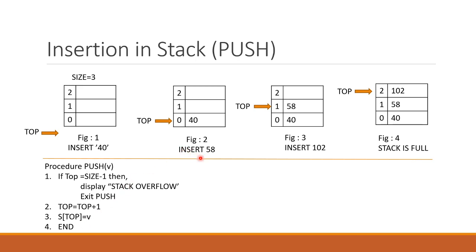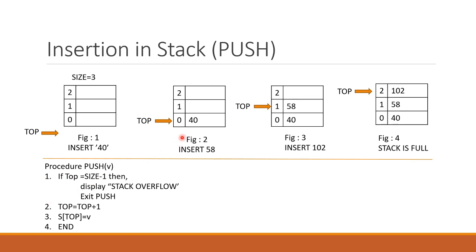Next, if I want to insert 58, again we have to check whether the stack is full or not. So for that we have to find out whether this condition is true or not. In this case top is equal to 0, so 0 is equal to 3 minus 1, so 0 is equal to 2, which is not true. So it will not go inside this block and it will go for the second step.